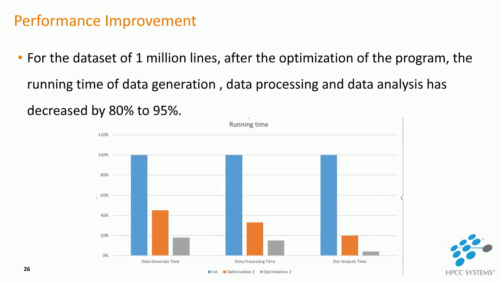Initially, the running time for the data generation, data processing, and data analysis was very high. After several rounds of optimization, using multiple threads and decreasing the steps for iteration, the running time of data generation, data processing, and data analysis has decreased by 82% to 96%.